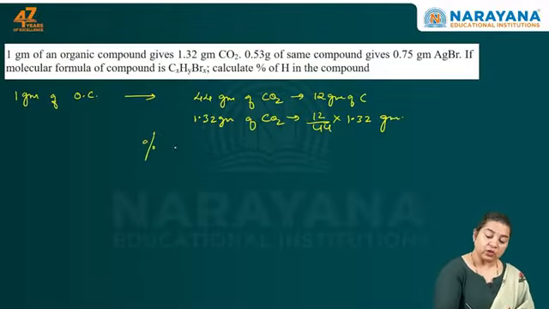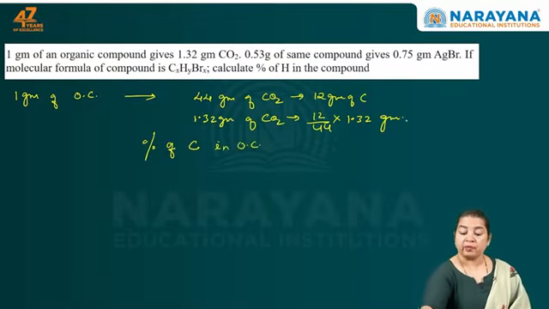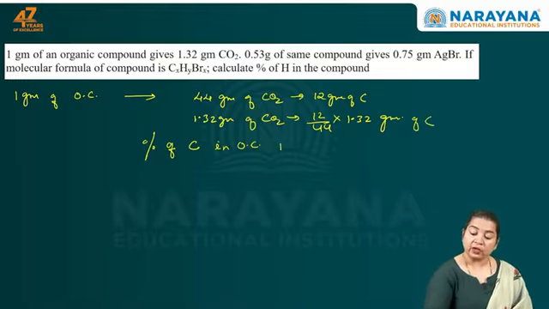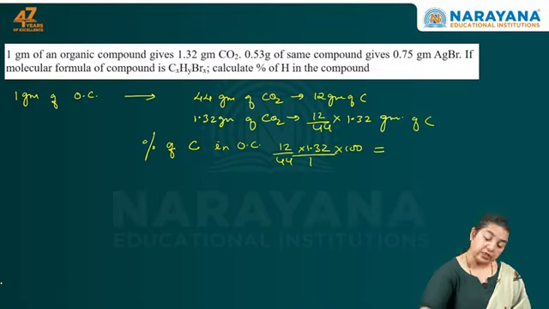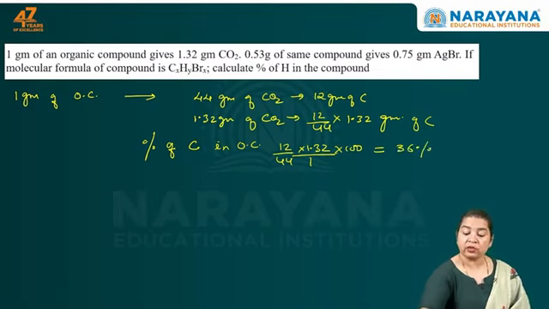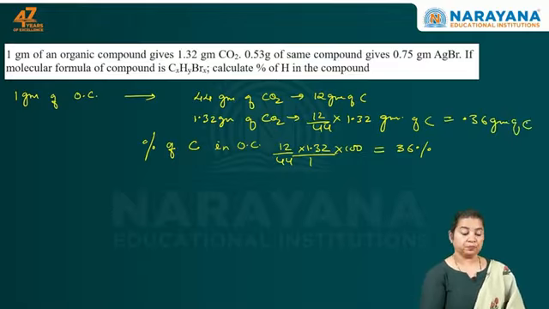To calculate the percentage of carbon in the organic compound, I write 12 upon 44 into 1.32 upon 1 into 100, and on solving we get 36 percent, that is 0.36 gram of carbon.